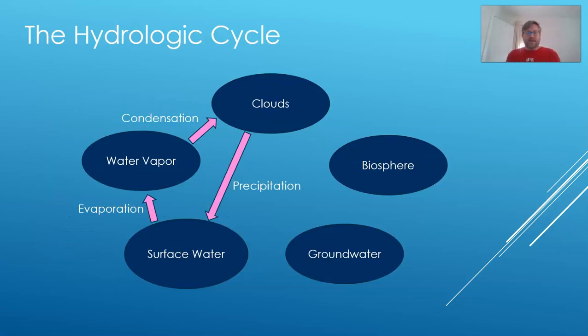So let's look at a fairly simple model of a system. We're looking here at the hydrologic cycle. So this is a cycle of water moving around our Earth. And so in the most basic sense, we can say there are three major stocks that we might note for our hydrologic cycle. Three major places that we're seeing water in our environment. So we've got some water that is surface water.